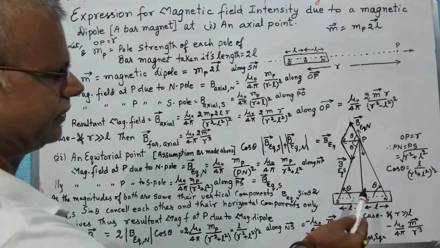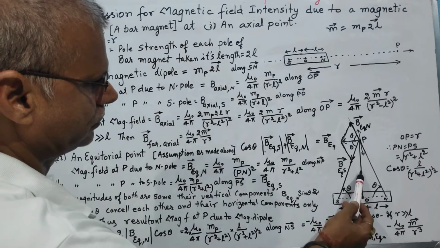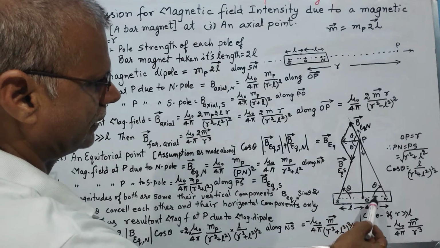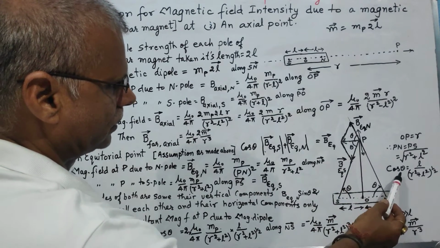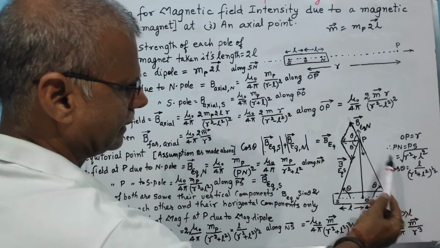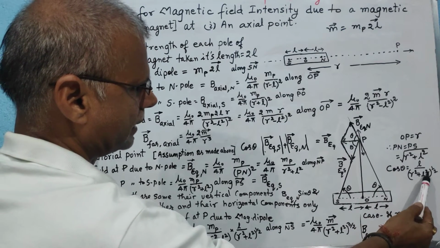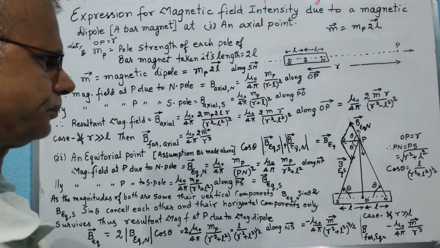But you see from the figure, cos theta is equal to base upon hypotenuse, that is ON upon PN. So ON is L and PN is (r² + l²) whole to the power half.